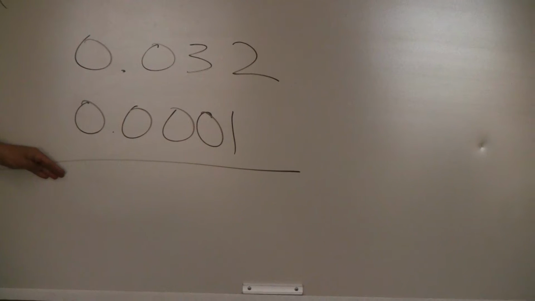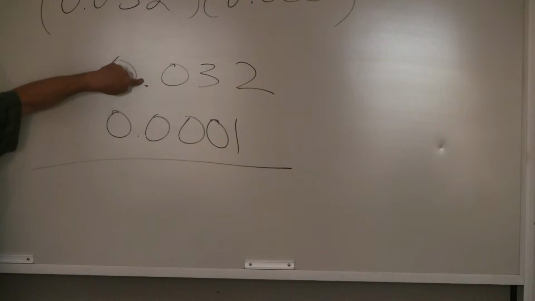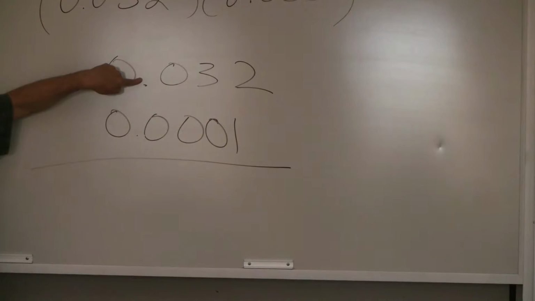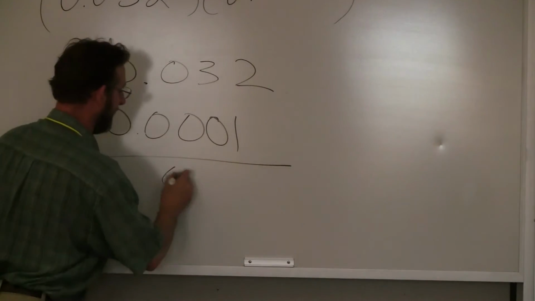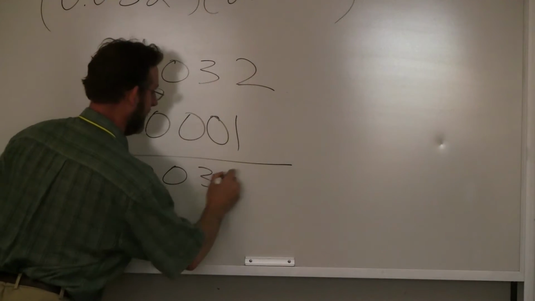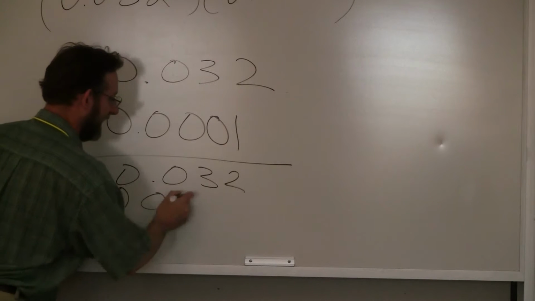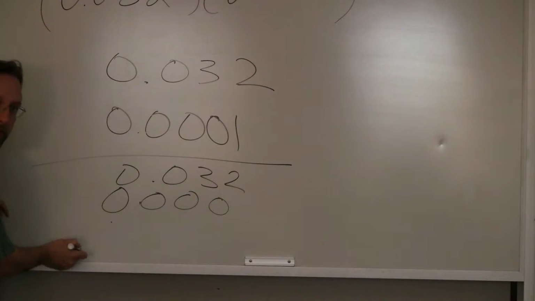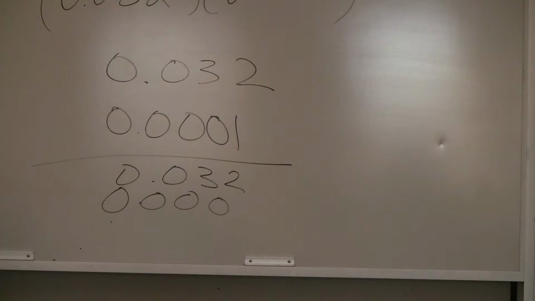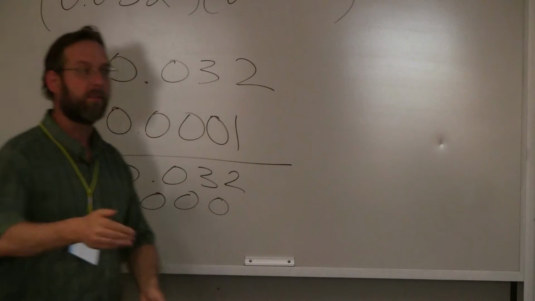But she had 4 lines of work because she multiplied each of these things by 0. So the first line looks like, on her paper, 0.032, and then the second line looked like this, and then she had decimals over here, which of course wasn't student work to build on.